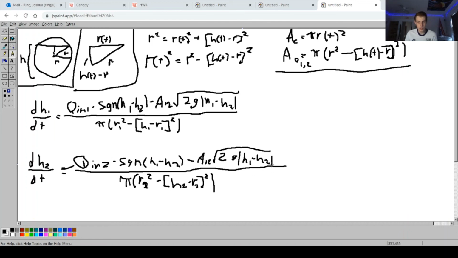We also have to, as I mentioned previously, take into account the outlet for the second tank, and obviously this one has no change in height, so it's just 2gh2. And there we go.